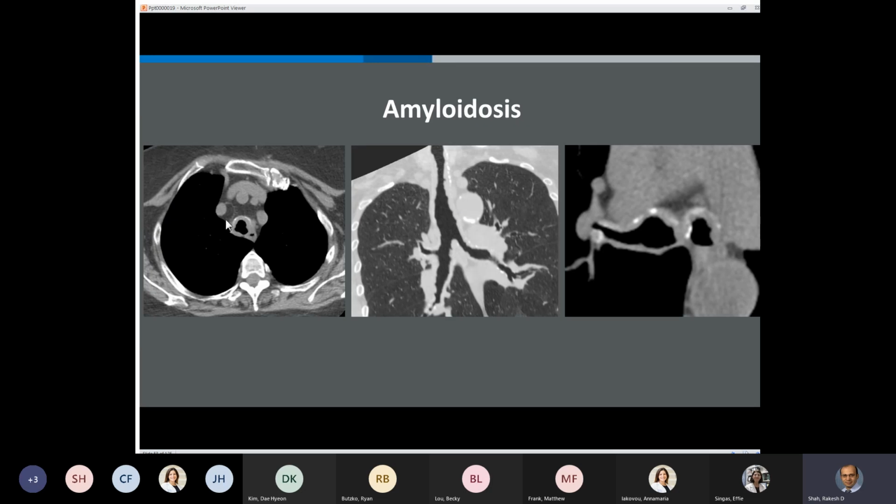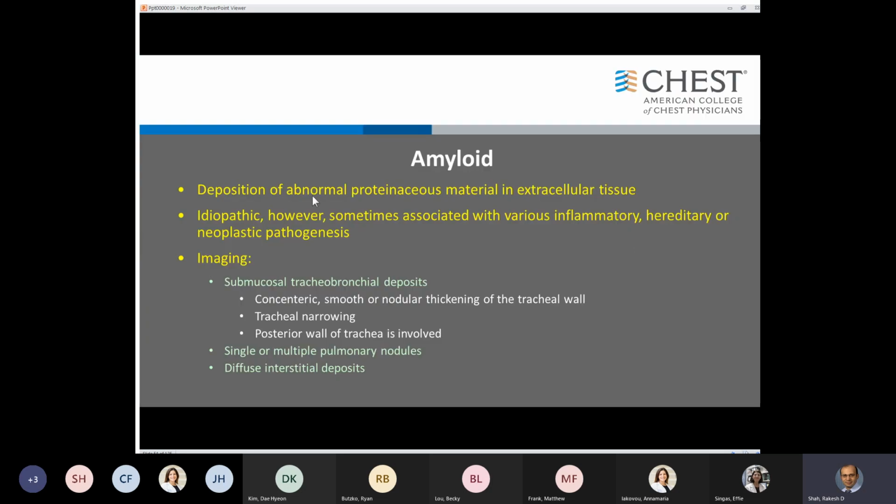Here's another, again thickening circumferentially with calcification, very nodular and lobulated in its appearance. Amyloid, as you know, is deposition of proteinaceous material. We don't know the exact cause. On CT, you will see this sort of smooth or nodular circumferential thickening causing narrowing. You may or may not see parenchymal findings, which may be nodules or reticular opacities.